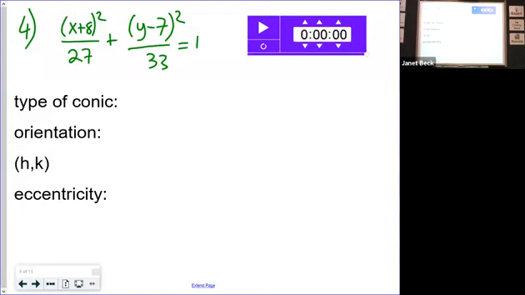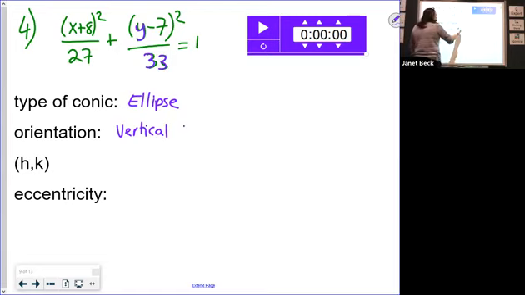So on this one, the type of conic, I hope when you look at it, you can immediately tell this is an ellipse. You need to fill this information in on that worksheet, your homework. Its orientation: the bigger number is 33, it's bigger than 27, that's under the Y. So this one's going to have a vertical major axis. You can just say it's vertical, or you can say a vertical major axis.